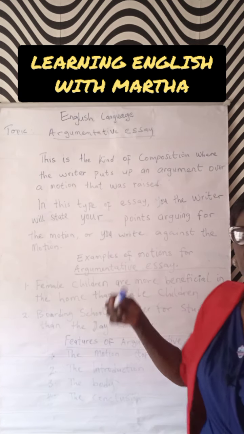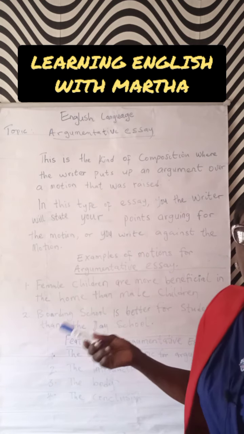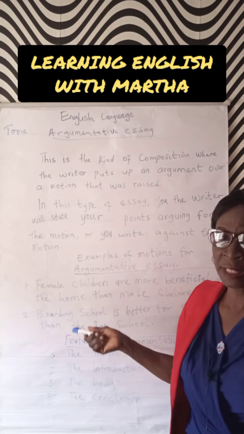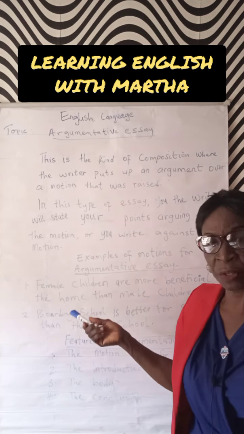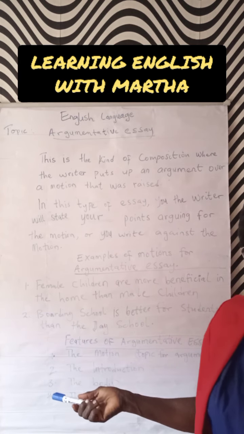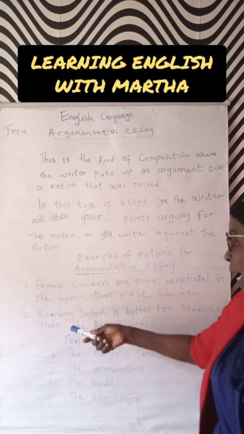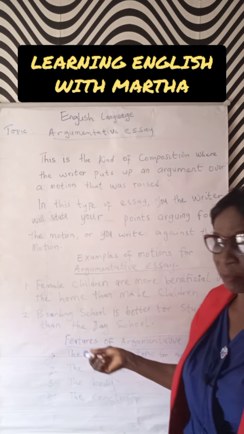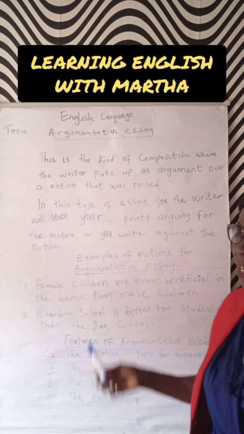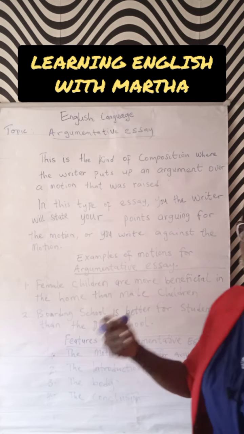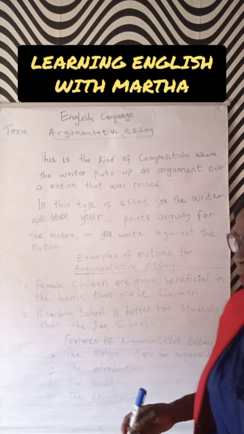You could write up to 4, 5, 6, 7 points, depending on the number of words your examiner expects you to write. Your examiner might say you should write up to 250 words, 150 words, 500 words, 300 words, depending, and that will determine the number of paragraphs you're going to write. But the important thing is that in argumentative essay, you are required to argue for or you argue against.